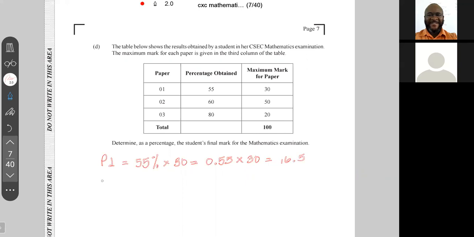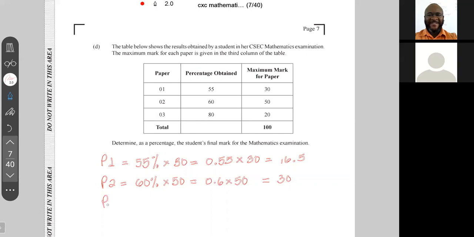For paper two, she got 60% of the 50 marks. So 60% is 0.6 times 50. So this is 30. She got 30 out of the 50 marks for paper two.